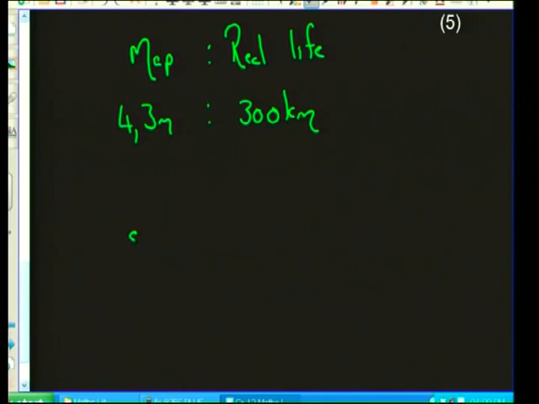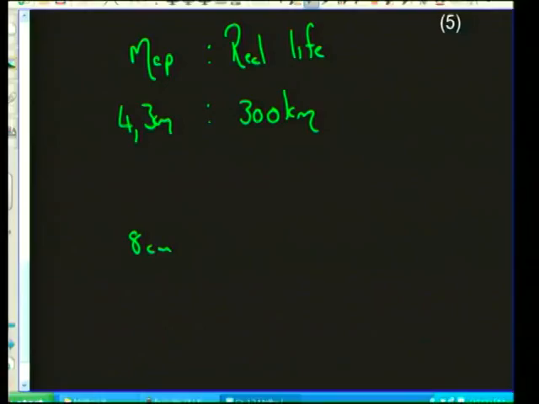What do we want to know? We want to know how far is 8 centimeters. So we don't worry about the 4,3. We just want to know the 8 centimeters. Now, before I try and find 8 centimeters, what should I always try and find? I should try and find 1 centimeter.